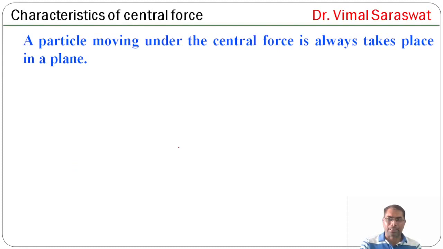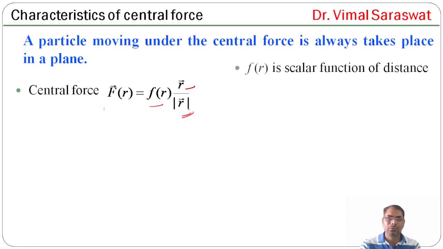Now, next characteristic: a particle moving under the central force always moves in a plane. Since central force F of r equal to function of r into vector r upon magnitude r, and this F of r is actually the scalar function of distance.